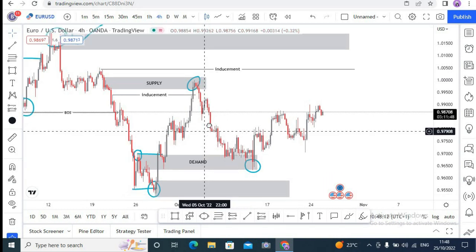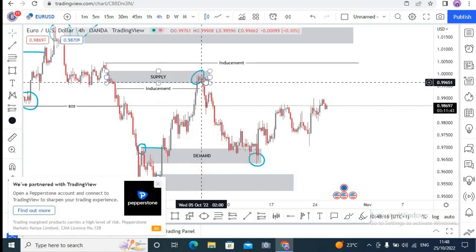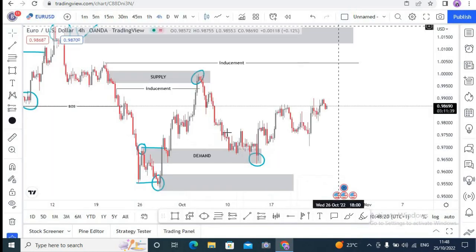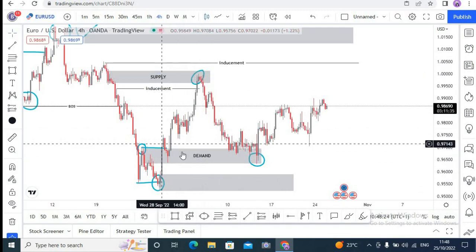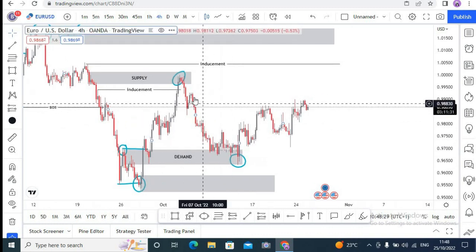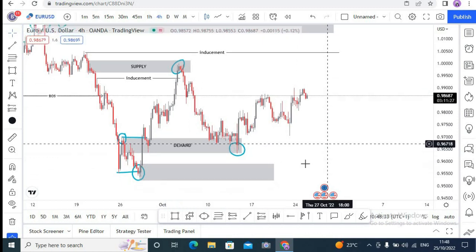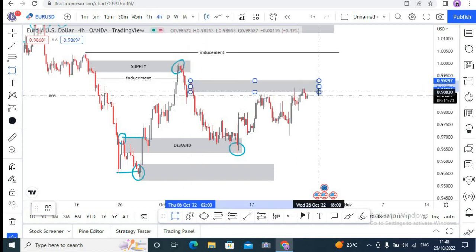Whenever price creates a swing low, they will create a new swing high, and anything between a swing low and a swing high will become our internal structure. So what you also have to understand is price may come back to this supply zone area to retest and then rebound going to the downside.